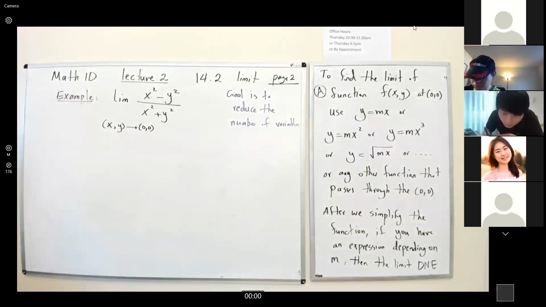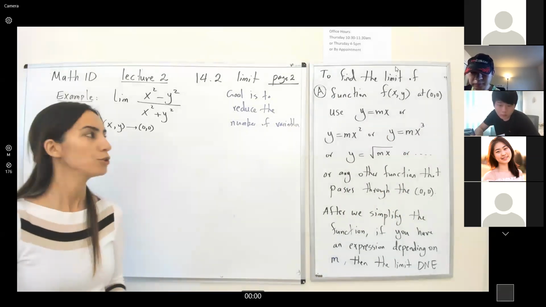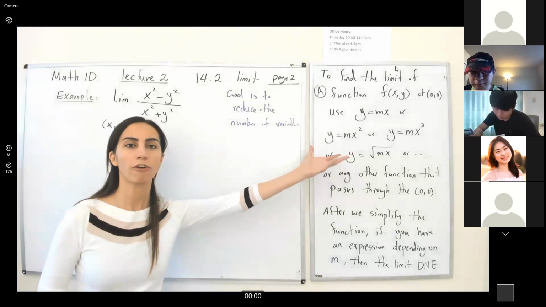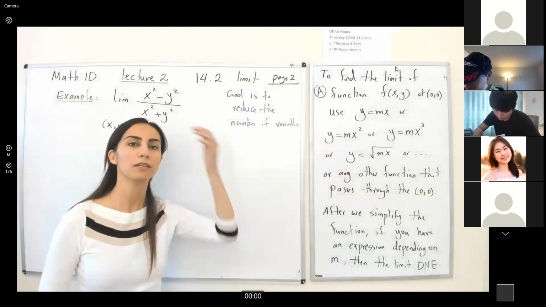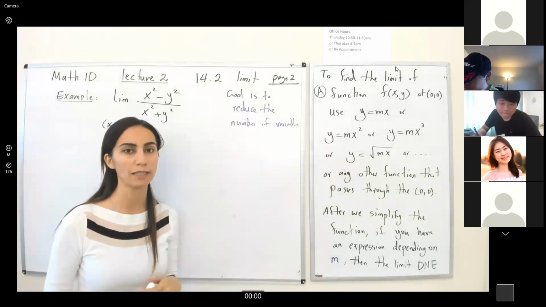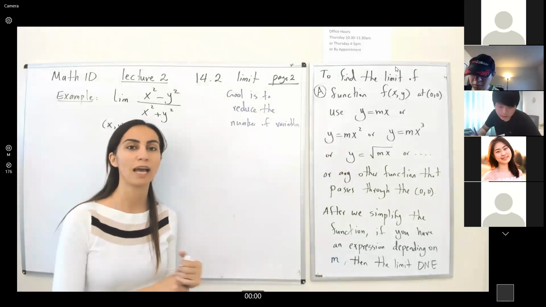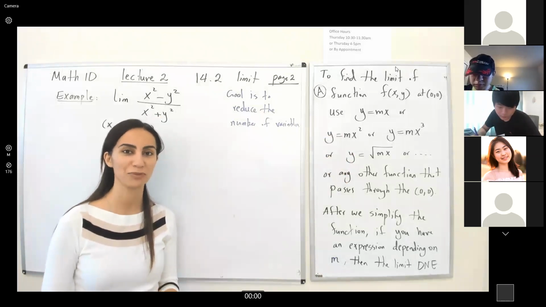So why am I using these general functions instead of getting rid of some of these variables? You can do that, but there is no guarantee to get to the actual result.